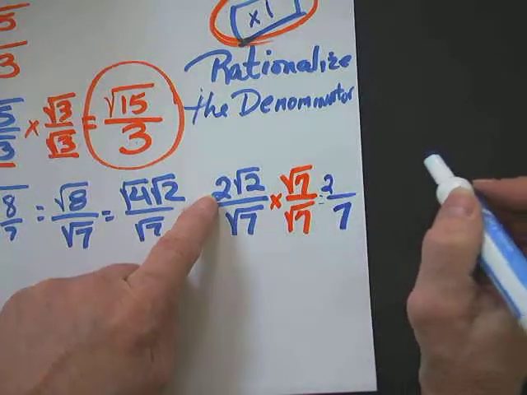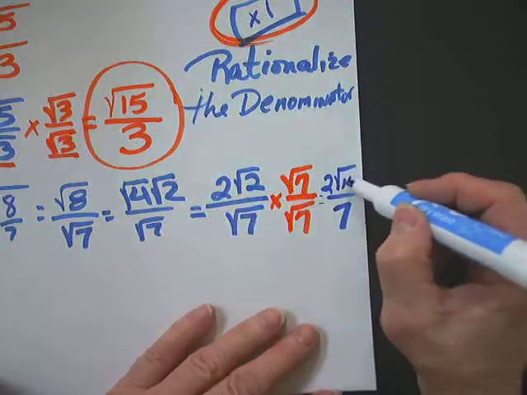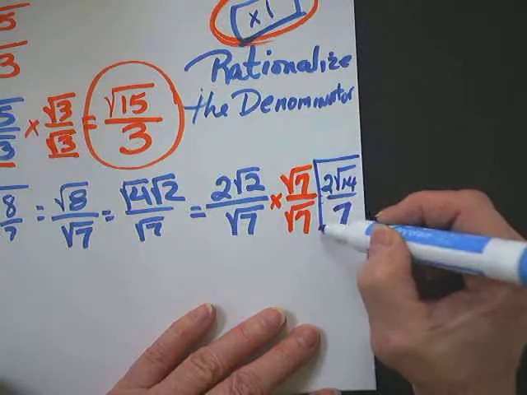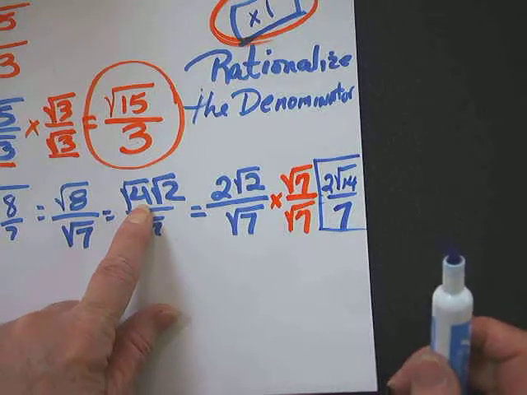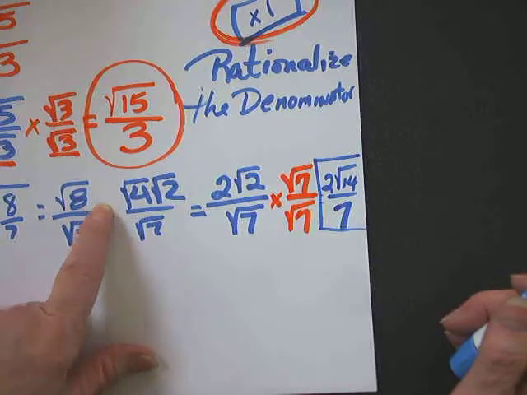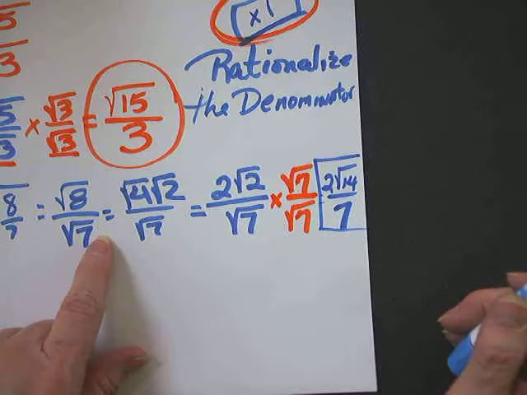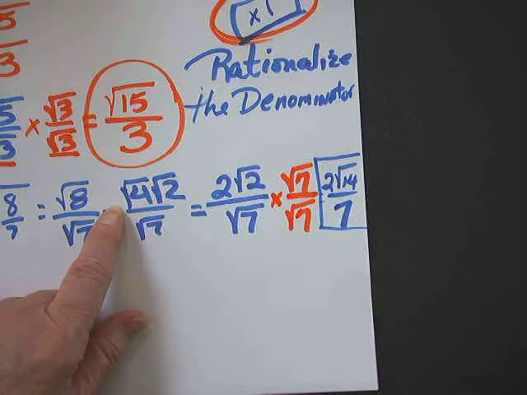So the bottom comes out to 7, and the top comes out to 2 square root of 14. You didn't have to do this first. If we had started off right away by multiplying by square root of 7, you would have had the 7 on bottom.